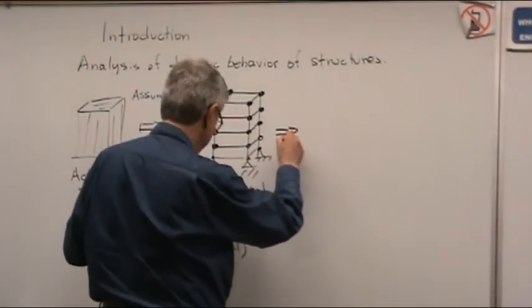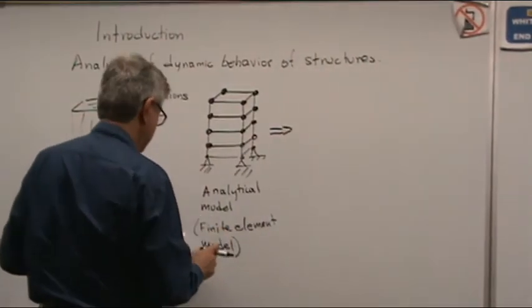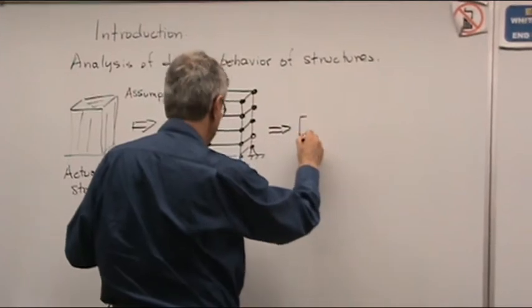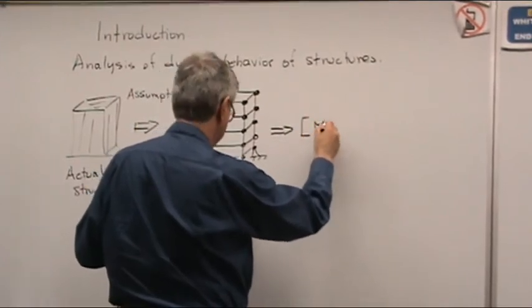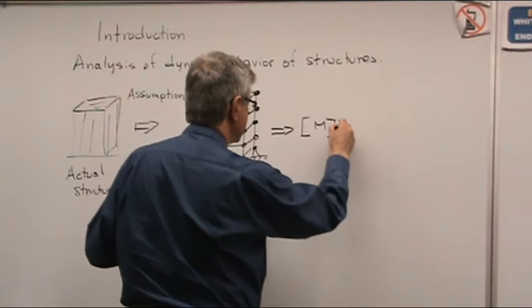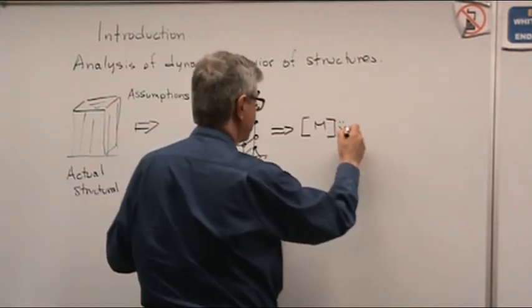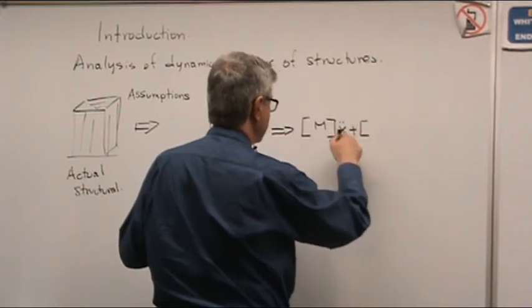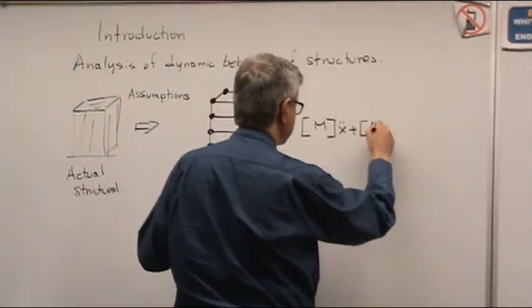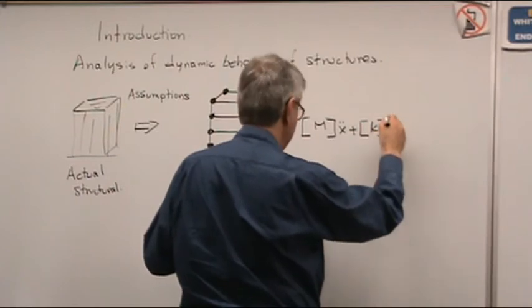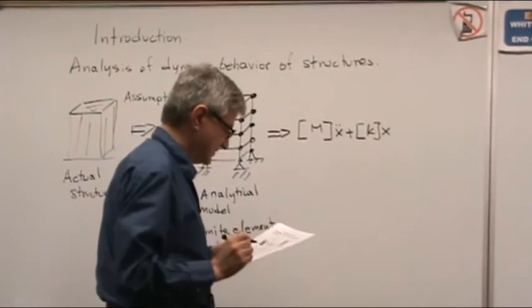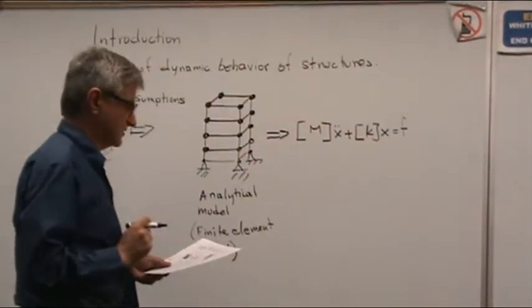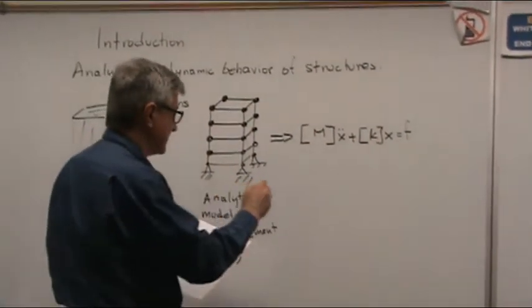So the next step is the development of a mathematical model, which is nothing but a bunch of equations. For example, you can have a mass matrix times the vector of the accelerations plus the stiffness matrix times the vector of displacements, and this is equal to the force.